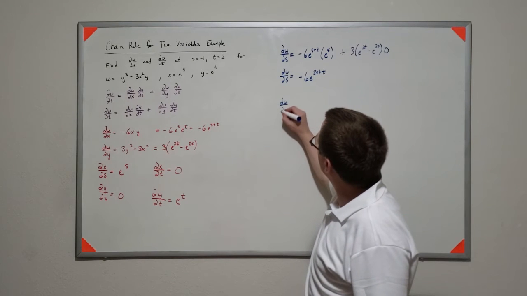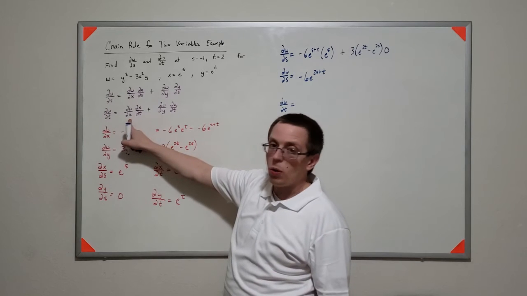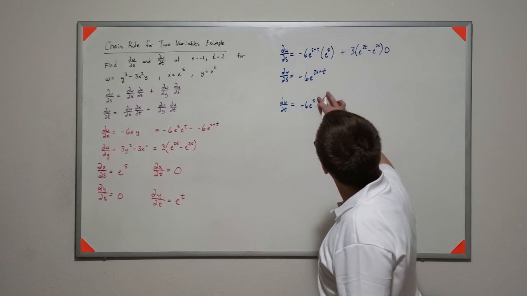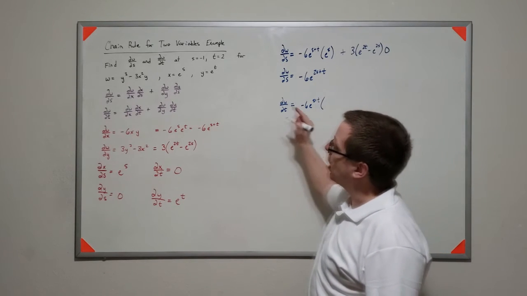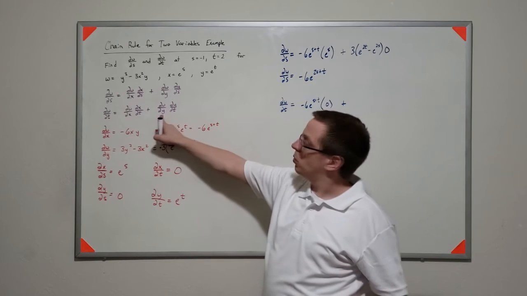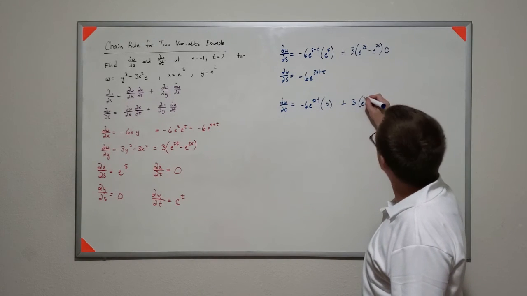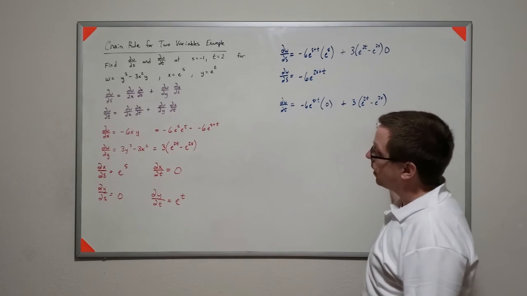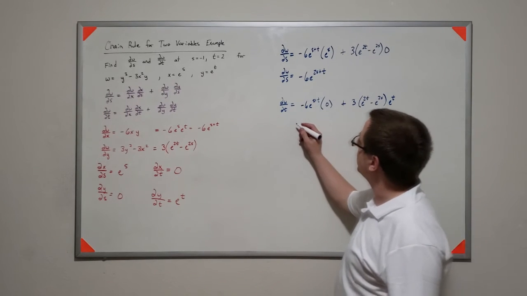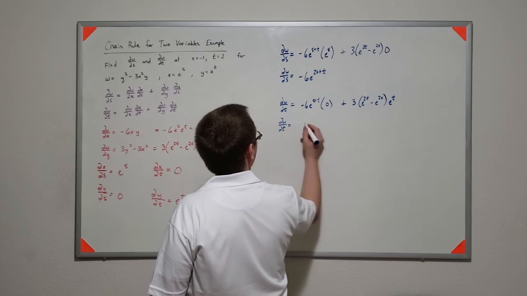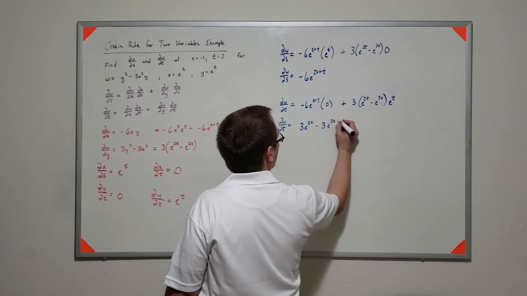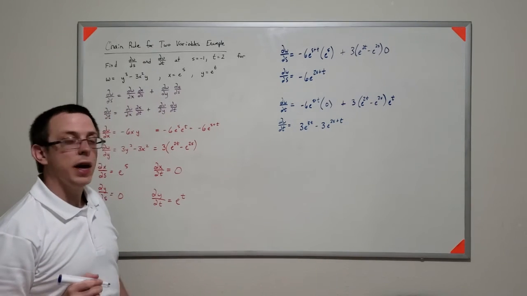And then the partial with respect to t, take the partial of w with respect to x, so negative 6 e to the s plus t, and then we multiply that times the partial of x with respect to t, which is 0, plus the partial with respect to y, and the partial of y with respect to t is e to the t. So now we get that.